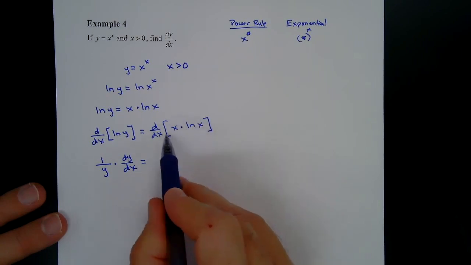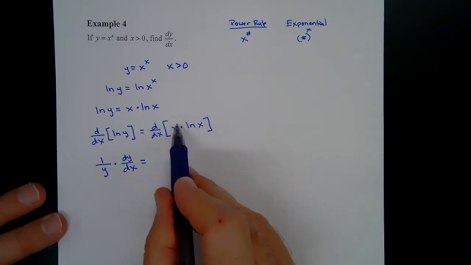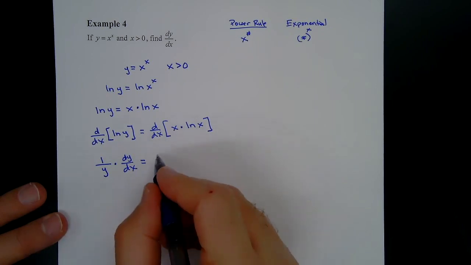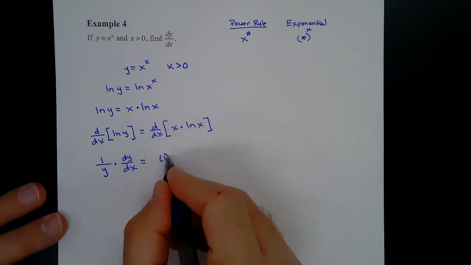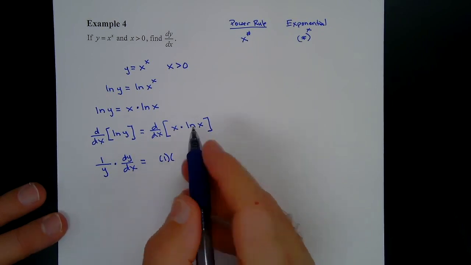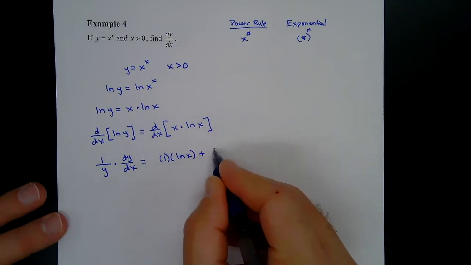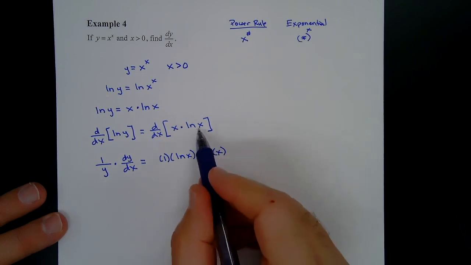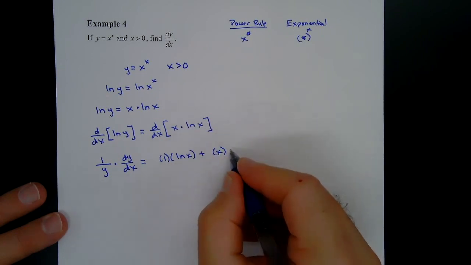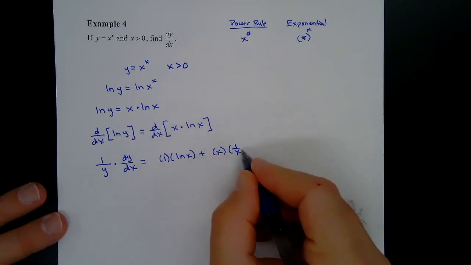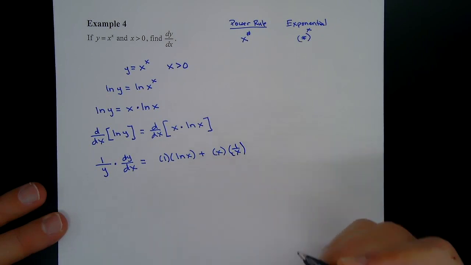So I have to apply the product rule. So the derivative of x would be 1. So this would be 1 times the natural log of x, and then plus x times the derivative of the natural log of x, which would be 1 over x. All right?